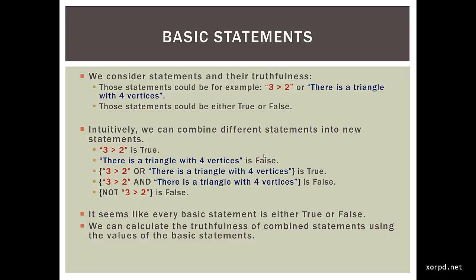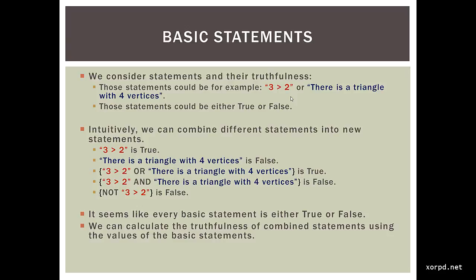So the content of the statement, at least at this point in this lecture, doesn't really matter. The only thing that matters is that there are basic statements like those, like 3 bigger than 2, and there is a triangle with 4 vertices, and every such statement can have only one value, true or false. Either it is true or false.